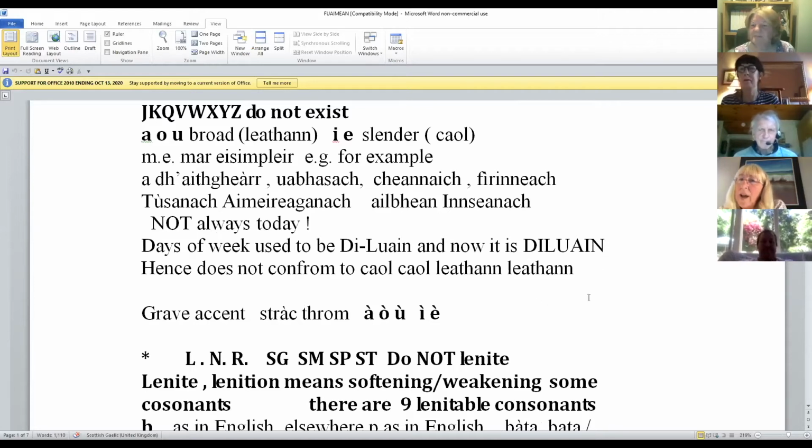Could I ask something about your "uabhasach" and all these ones that end in ACH? You pronounce them "uabhasach"? Yes. So ACH is "ach" and not "och"? That's right. And what is "ach" in Gaelic?